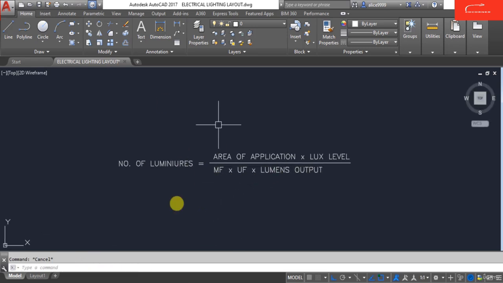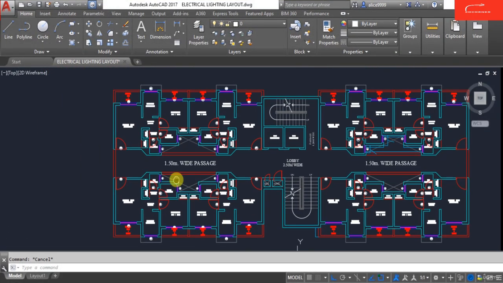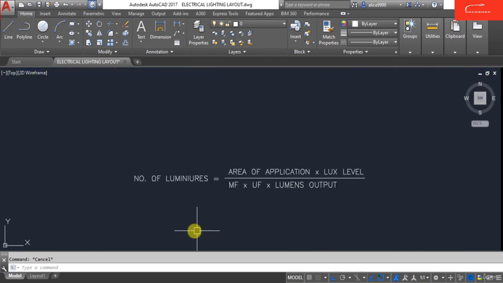For example, if I am calculating the lumens output for this living room, I need to understand how many luminaires I am installing, that is CFL or LED or any other unit required.